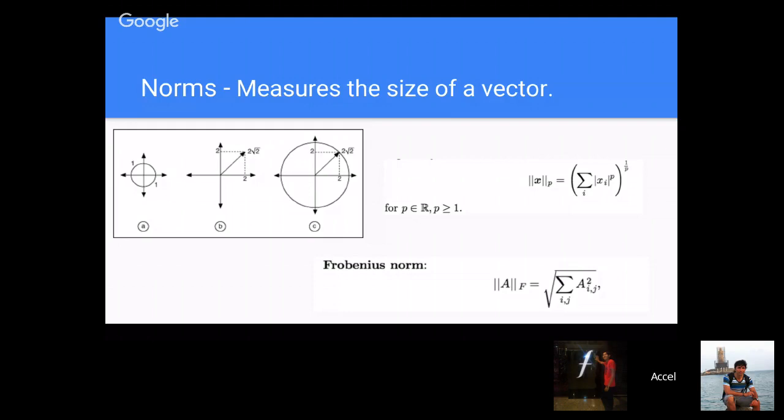You have to find the distances between those points, and you have to find the best line which would classify in between these, right? So if you want to measure these distances, you have to use these norms, right?